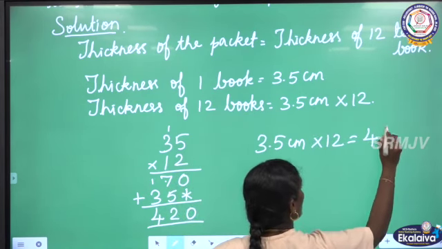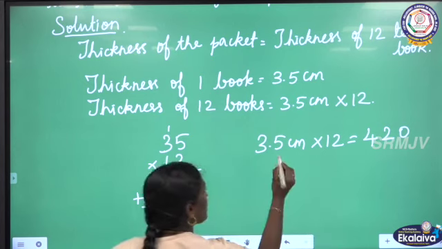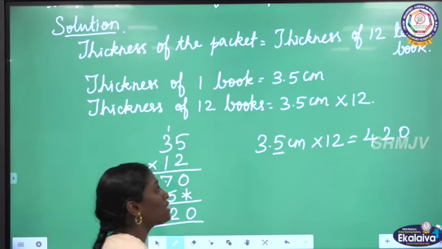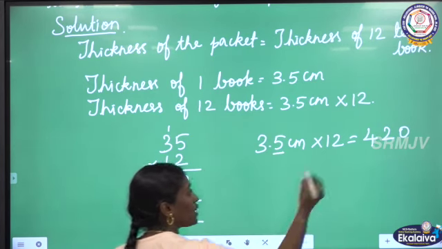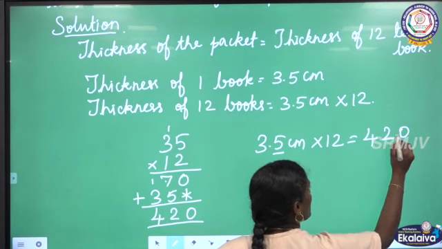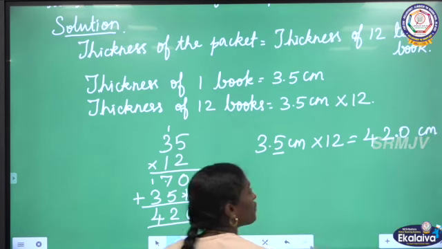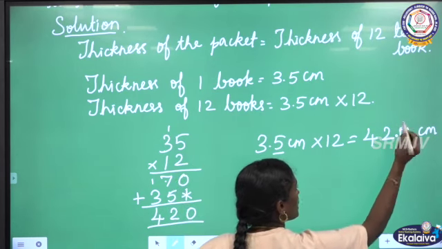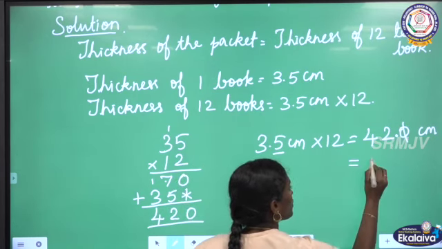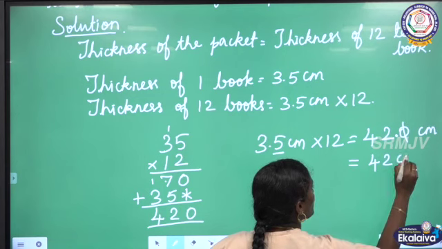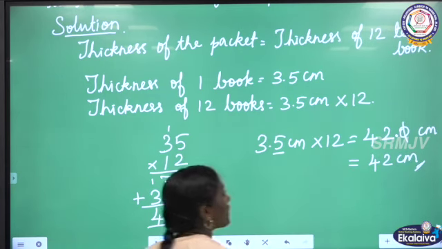Now we have to write the answer for the given question, 3.5 centimeter into 12. Here we got 420. Here only one decimal place is there, so in the answer also we need one decimal place. From the last, before one digit, we have to keep the decimal point. That is 42.0. There is no value for the 0, so we can write 42 centimeter as a whole number.